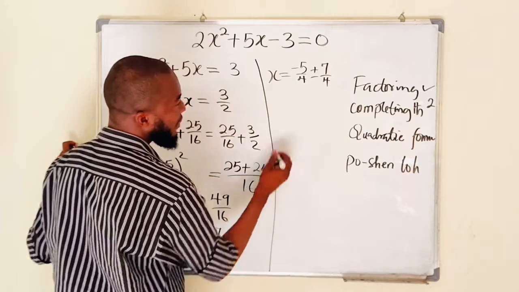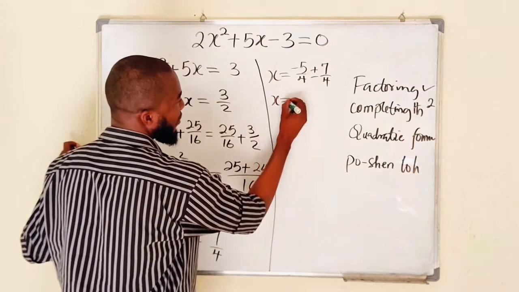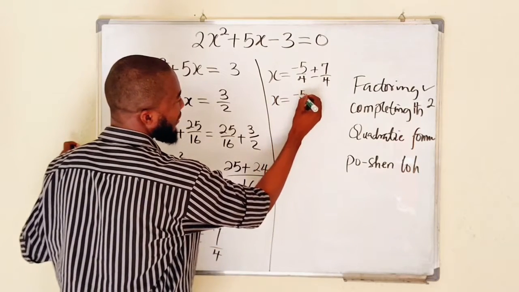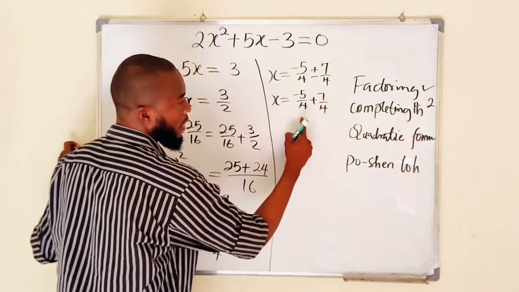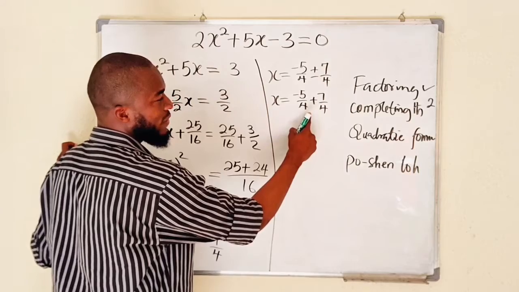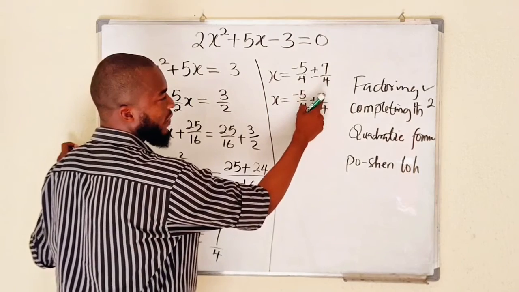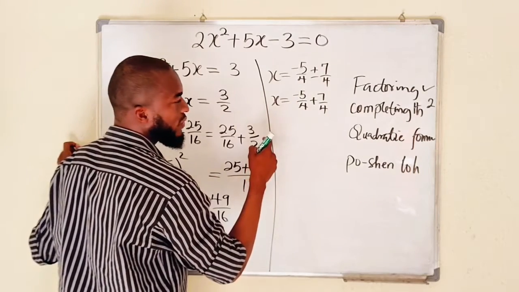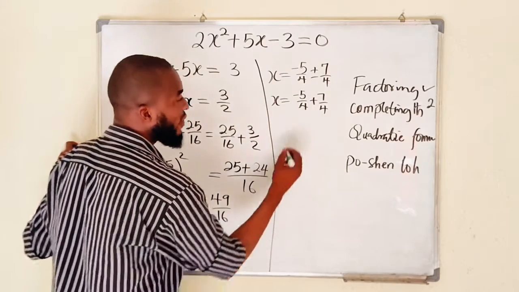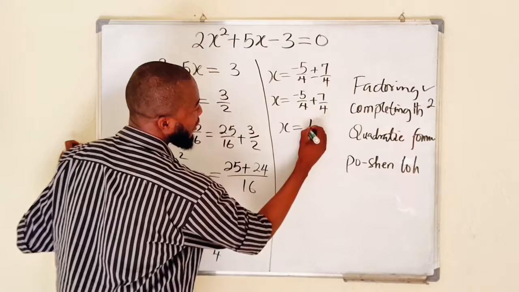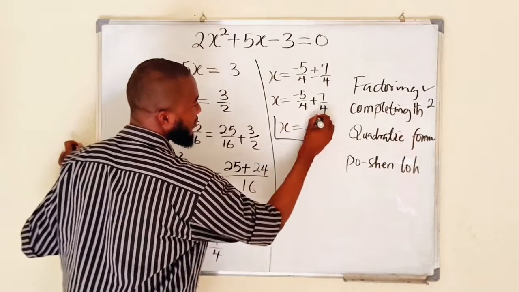So the two values we have are x equal to minus 5 over 4 plus 7 over 4. If you simplify this, minus 5 plus 7 will give us positive 2 over 4, right? And positive 2 over 4 is 1 over 2. So x equal to 1 over 2. This is one of the solutions.